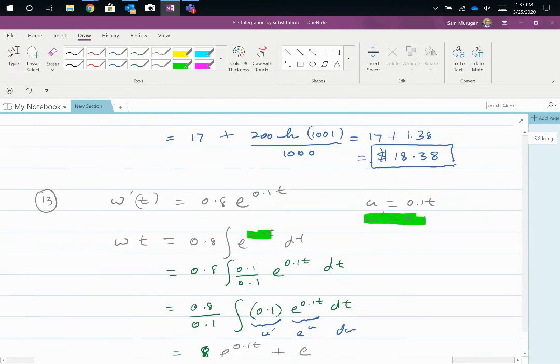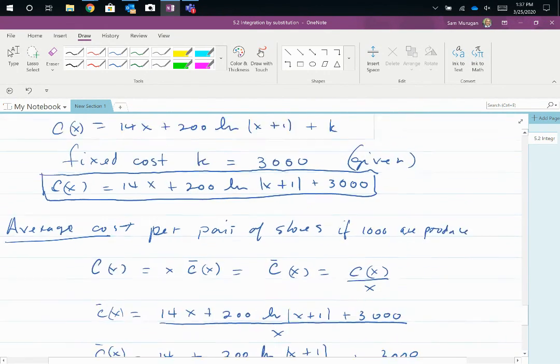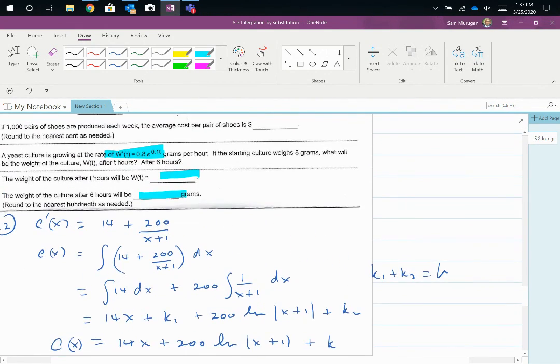Now going back to the problem, we're told that the starting culture weighs 8 grams. Okay, the starting culture weighs 8 grams.